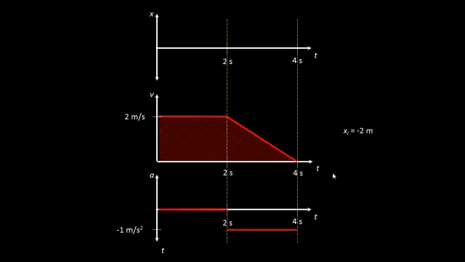To translate up to our position graph, we need to consider the area under the curve. So again, we've broken this up into the first 2 seconds and the second 2 seconds. For the first 2 seconds, we have this rectangular area, which has an area of 4 meters, 2 meters per second times 2 seconds. And then for the second 2 seconds, from time t equals 2 to 4, the area under that curve is 2 meters.